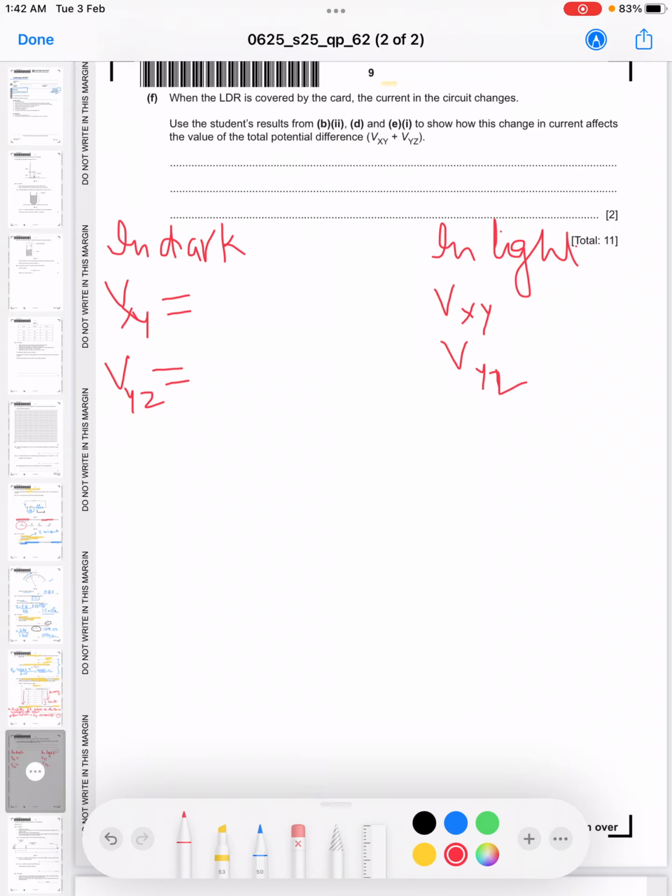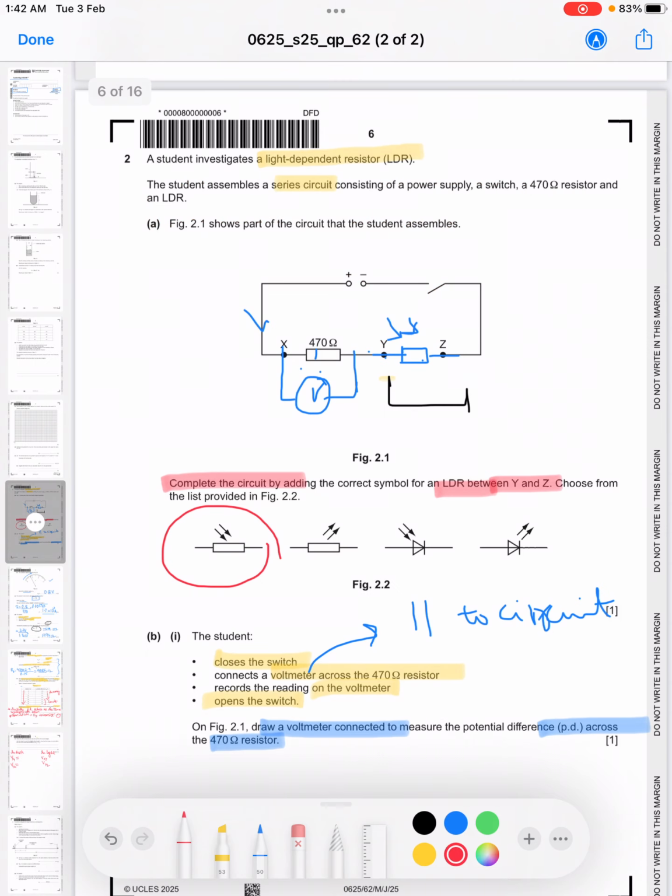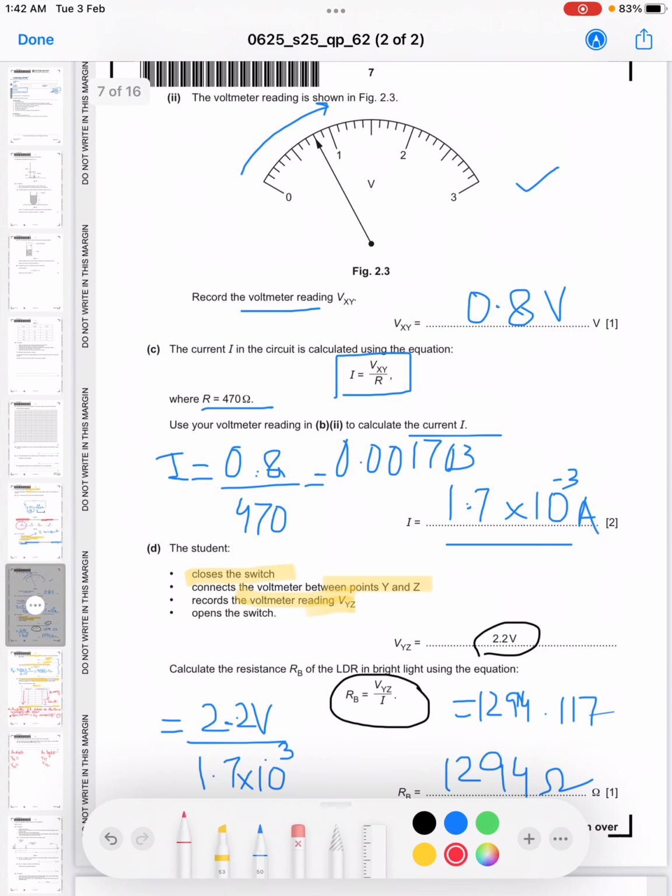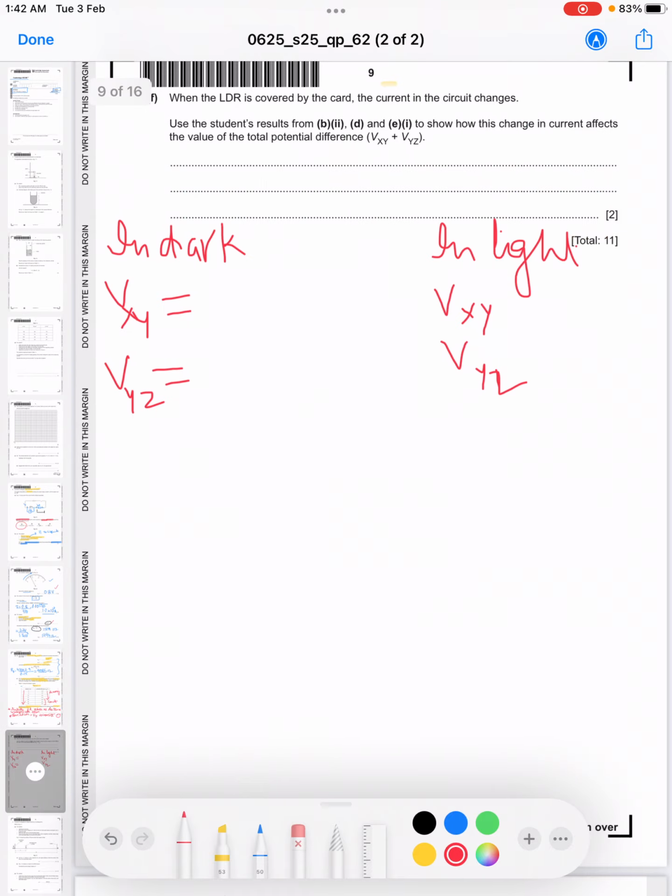Okay, so first one is the bright one, so I will write the bright one: Vxy is 0.8 and Vyz is 2.2, right?